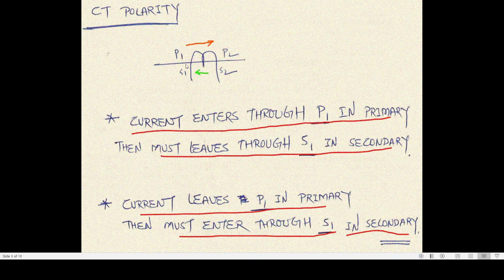In case your utility, or in case you are using in your scheme drawing the dot convention, it generally says that whenever your current enters through the dotted terminal of the primary side, then the current in the secondary side will leave through the dotted terminal only.